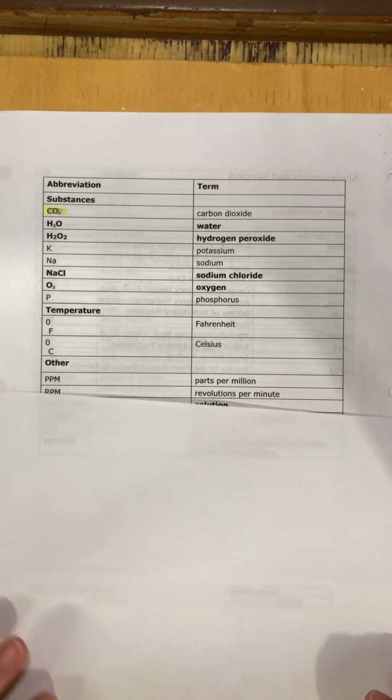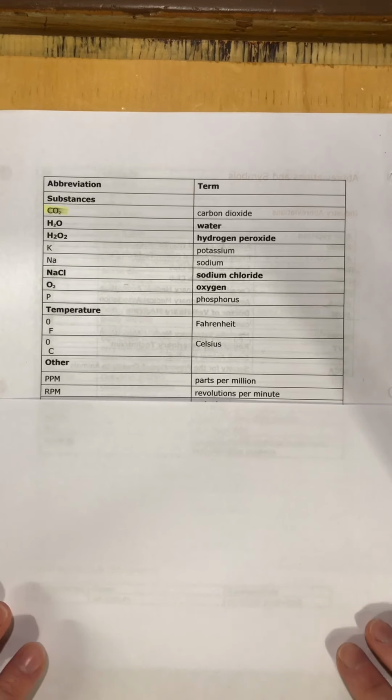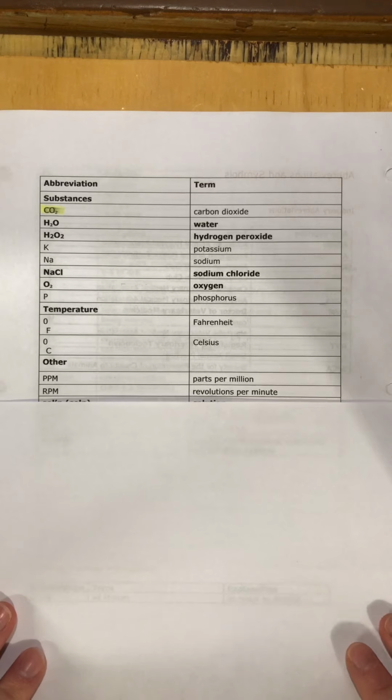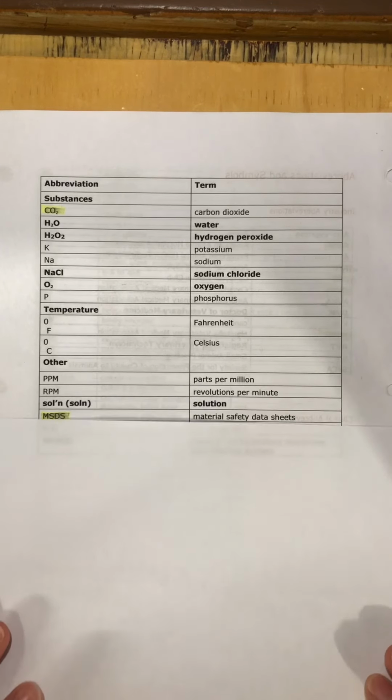Okay, so then some others, we've got ppm, which stands for parts per million. So that's a measure of concentration. RPM is revolutions per minute, and we'll talk about that when we're talking about centrifuges. We use a centrifuge to spin samples, and they need to spin a certain number of revolutions per minute.